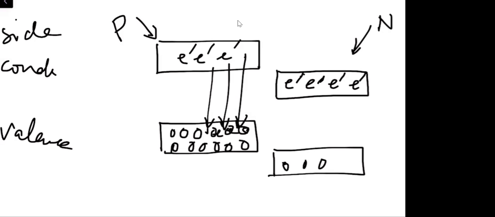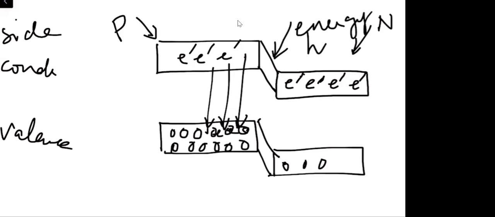So due to this, a barrier is being created because the conduction band on the n side is at a different energy level than the conduction band on the p side, right? So once this has happened, this becomes an energy hill, right?